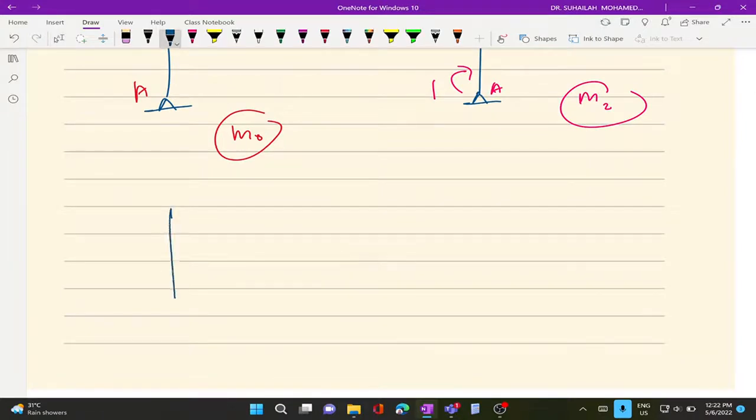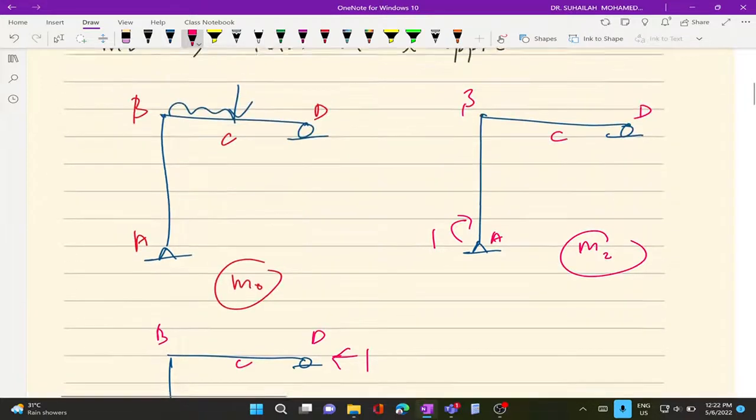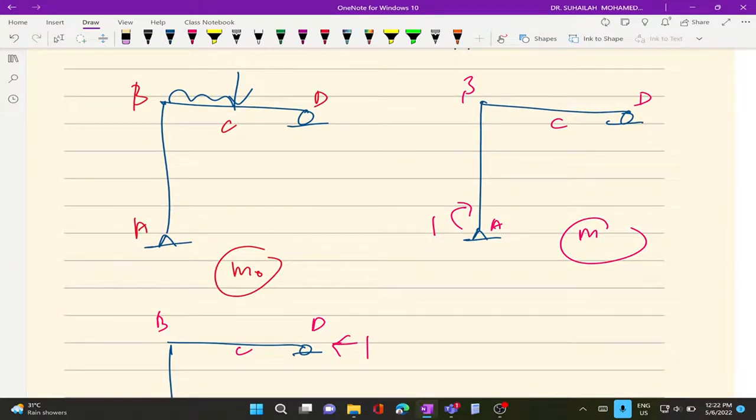so for M2 we have the same support, same label. Okay, this determinate frame is subjected to a unit value of redundant. A unit value of redundant. So analyzing this, the moment equation for this is not 2, this is 1.